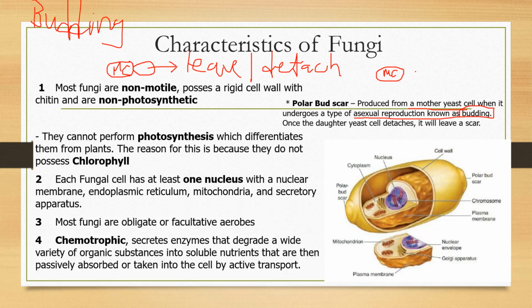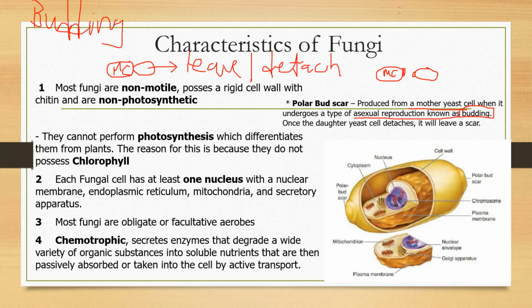So, yan yung mother cell. Nag-detach yung na-produce na yeast cell, another yeast cell. It's going to leave a scar. And that's a sign that the yeast cell was already able to reproduce. And this is an asexual reproduction known as budding.